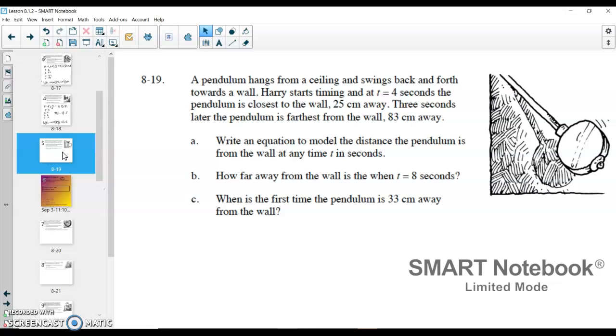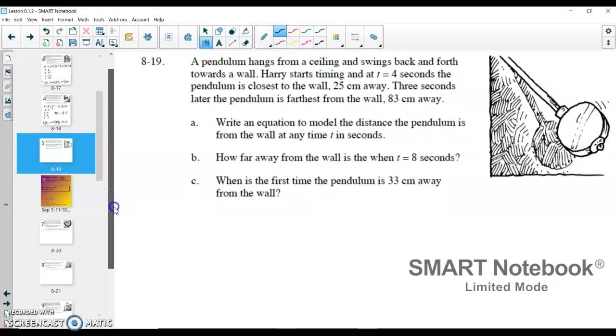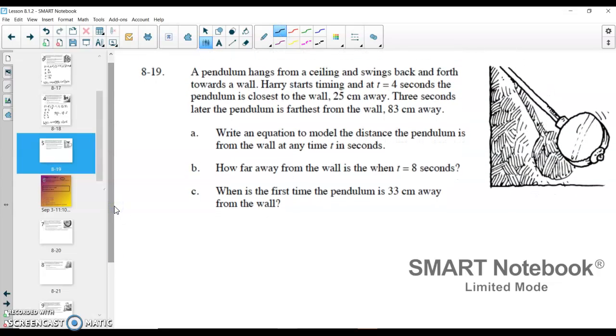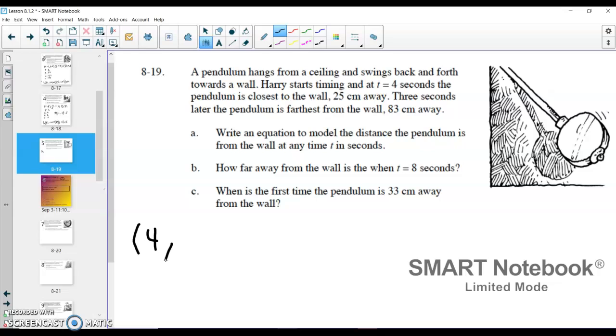What we have is at t equals 4 seconds, the pendulum is 25 centimeters away from the wall. That's going to be the first point, because if you remember from yesterday, really using 2 points is how we're going to set this up. Just recall that I'm going to try to do this with a sine curve and not a cosine curve, so there is going to be a small difference from what I was doing yesterday. Starting with my 2 points, I know that at 4 seconds I am 25 centimeters away from the wall, so that's the point (4, 25).